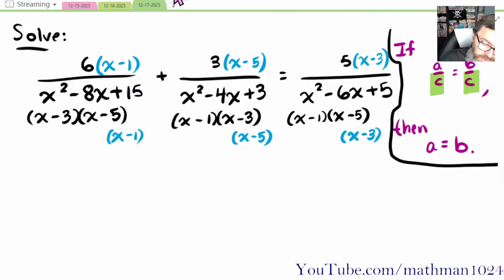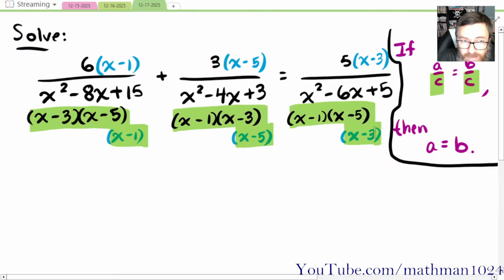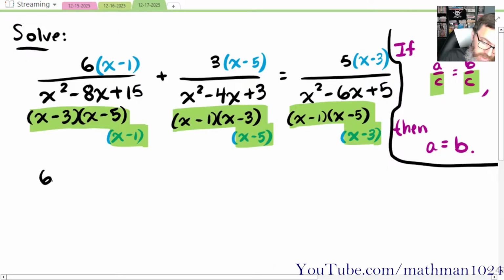And what I hope that you can see is that this denominator and that denominator and that denominator, these guys are all the same. So now that we have created an equation where all of the denominators are the same, we can rewrite our equation just from the numerators. So I'm going to go one step at a time here so I don't make a mistake.